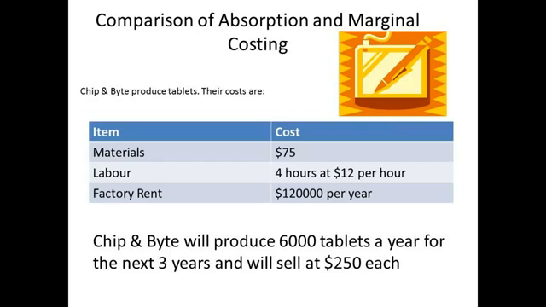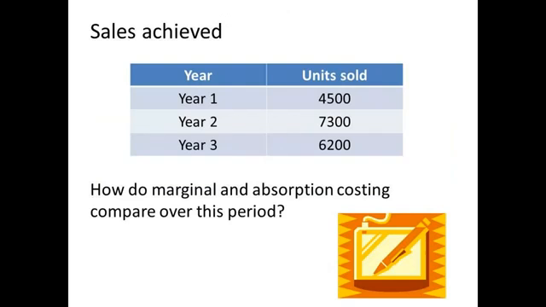The factory overheads are $120,000 per year, and intended production is 6,000 units per year, which will sell at $250 each. We need to know the sales over the period in question. In year 1, sales are 4,500, year 2 they are 7,300, and year 3 the sales are 6,200.